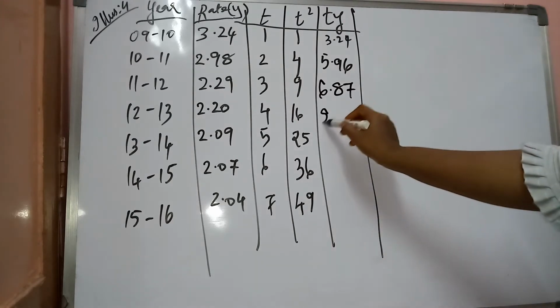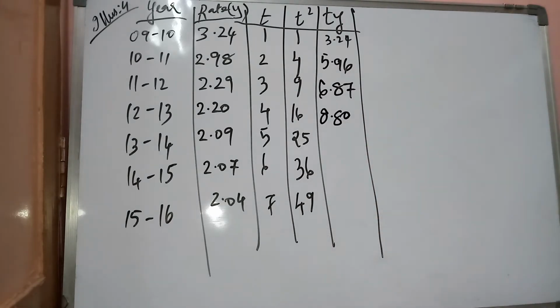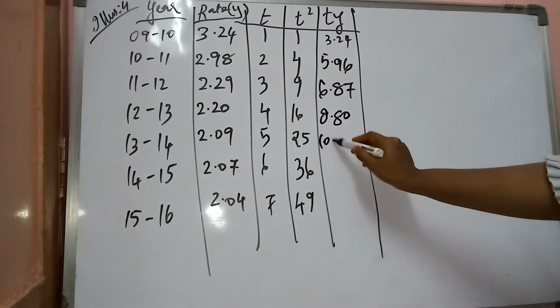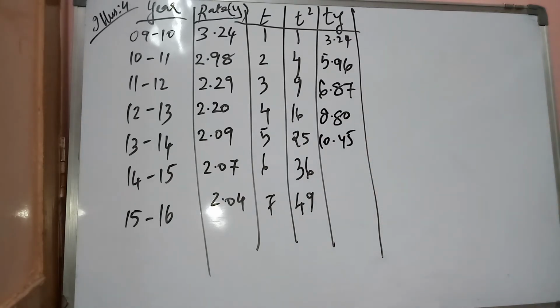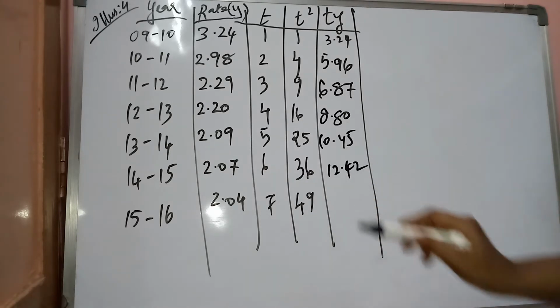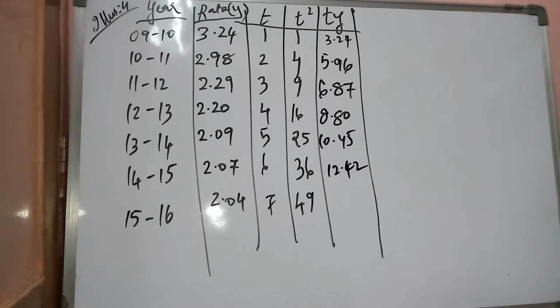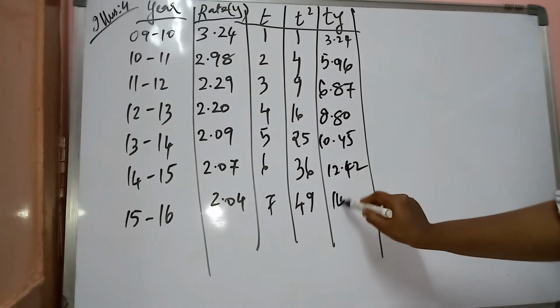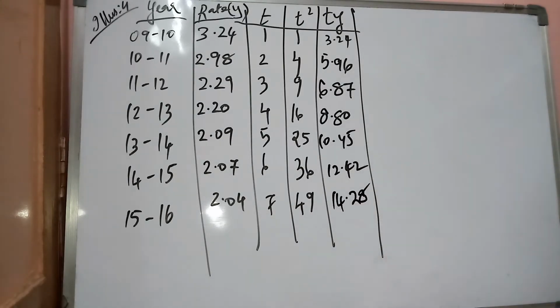Then next is 8.80. Then 2.09 multiplied by 5 is 10.45. Then 2.07 multiplied by 6 is 12.42. Okay. 2.04 multiplied by 7 is 14.28. Clear with this?